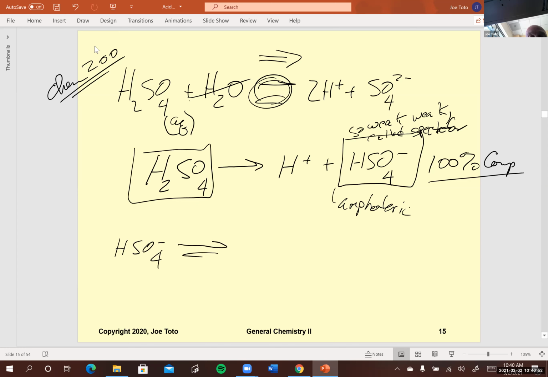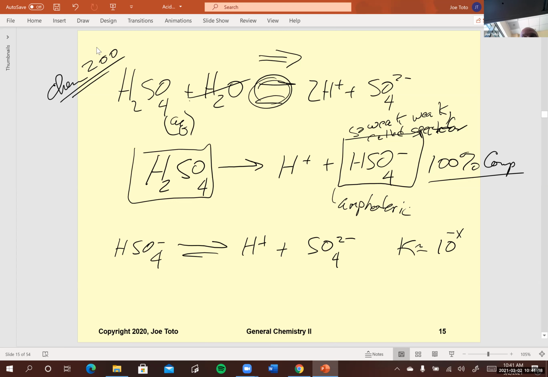And this guy is a weak acid with an equilibrium, and it has an equilibrium constant. I don't know what it is offhand, but I know that it's 10 to the minus something. It's small.